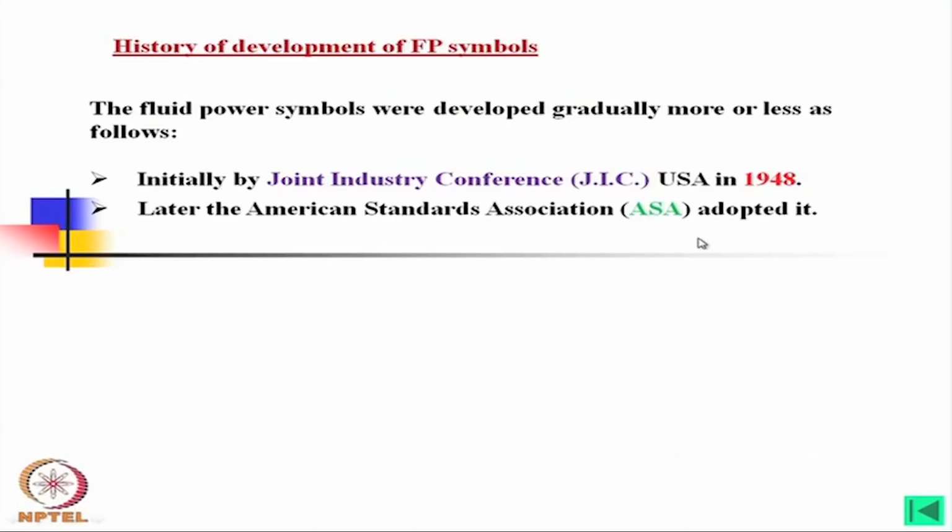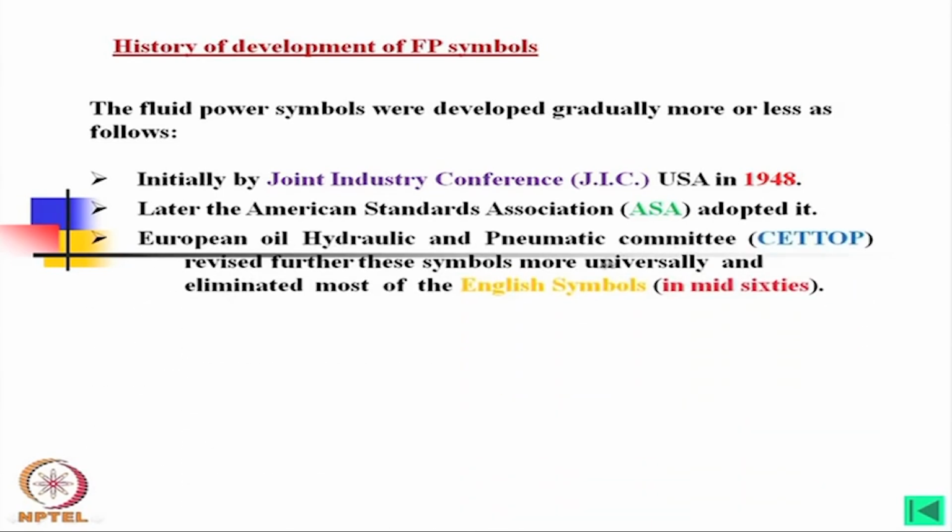Later the American Standard Association adopted it. European Oil Hydraulics and Pneumatic Committee, CETOP, revised these symbols further, more universally, and eliminated most of the English symbols in the mid 60s. However, many countries use their own symbols.